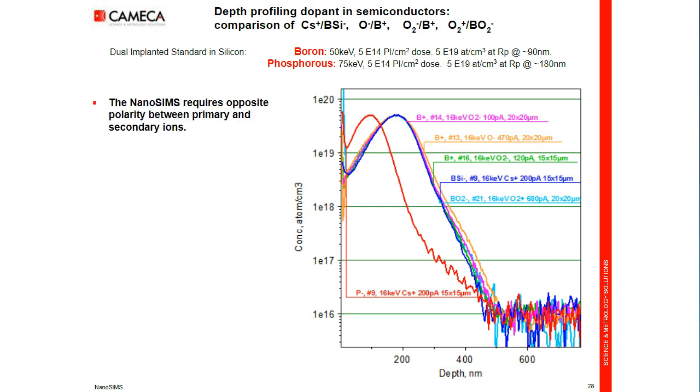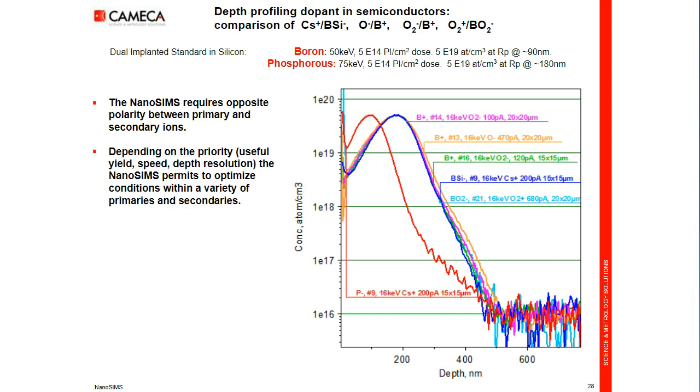The NanoSIMS requires opposite polarity always between primary and secondary, so it's good to have this flexibility. Depending on the condition, we will promote one aspect of the analysis. Depth resolution will be better with heavy primary ions or molecular primary ions.